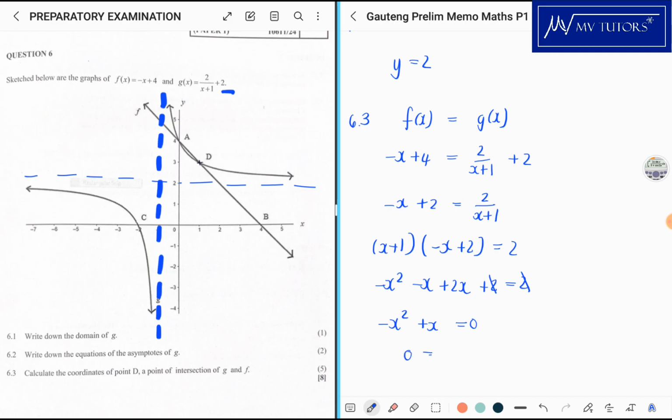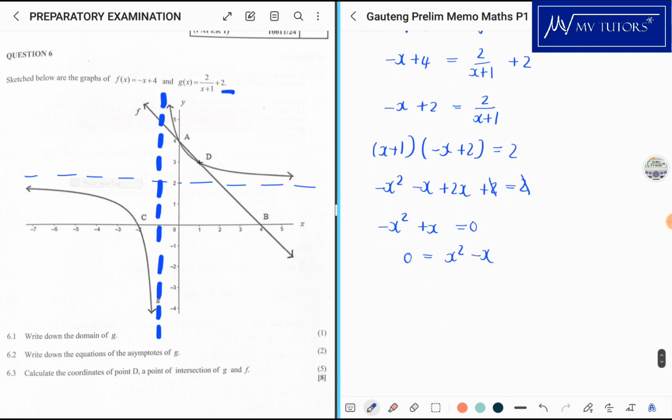Let's just take everything to the other side. So I have positive x squared minus x, and then if I take out the common factor, I then have x times x minus 1.